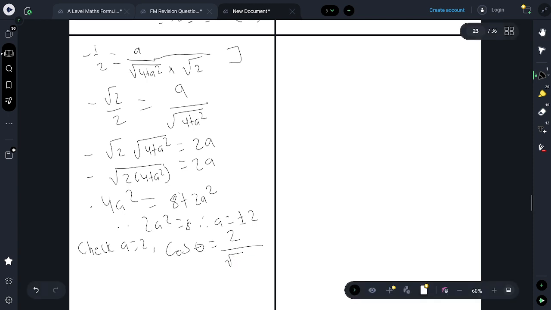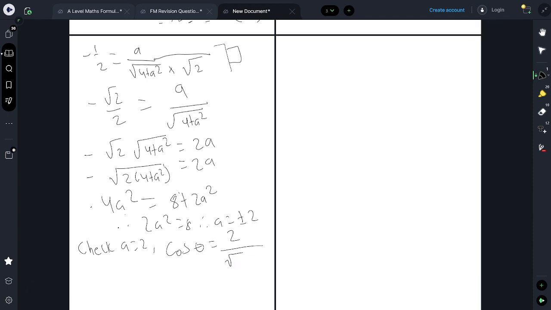What I'm doing here is substituting a to check, because there's what we call an extraneous solution. Because we squared both sides, we added an extra solution, so we need to get rid of one. To check, this needs to be equal to minus a half if we sub a in.